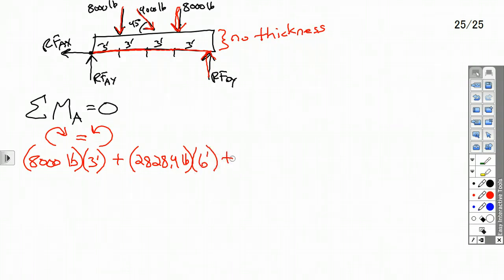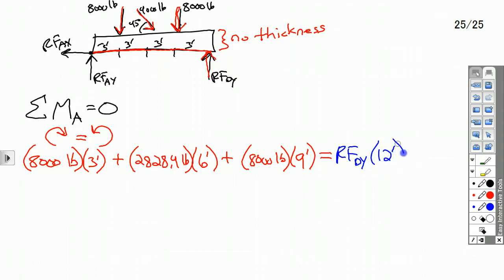I have another 8,000 pound force at point C, 8,000 pounds, and that is 9 feet away. And finally, that's all my clockwise moments. I have a counterclockwise moment in the reaction force. So I have RF dy, which I don't know what that is, but I do know it is 12 feet away. So now I've got to do some math.